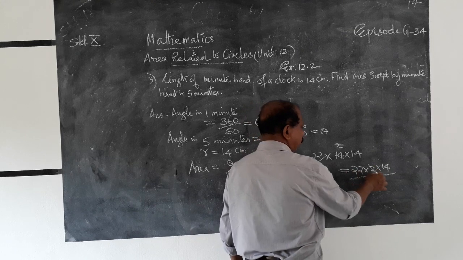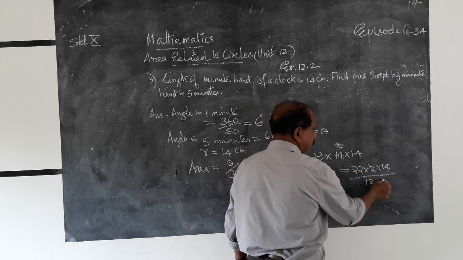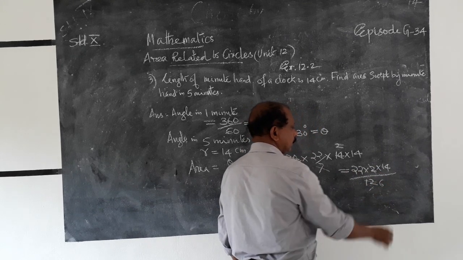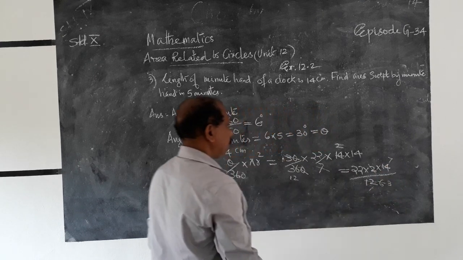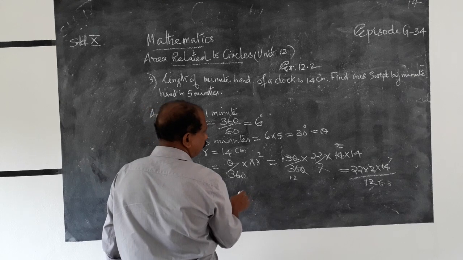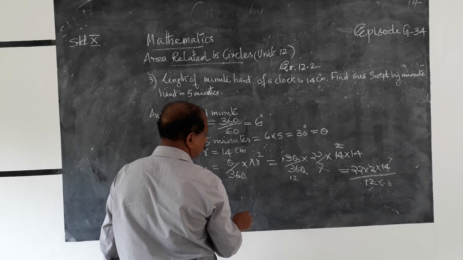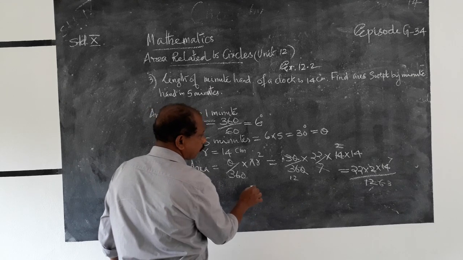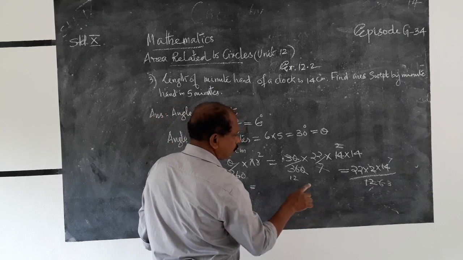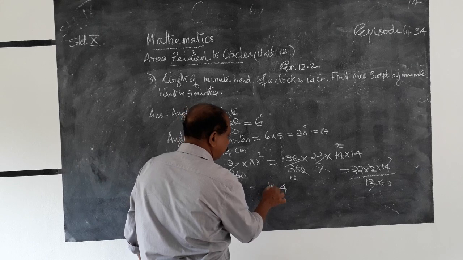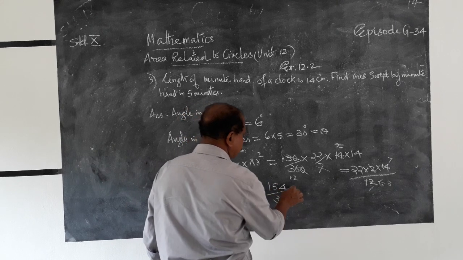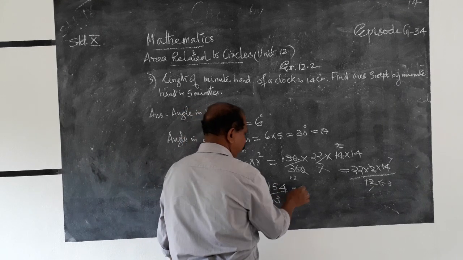Then 12 twos are 6, so 7 comma 3. That is equal to 22 into 7, 154 divided by 3 is equal to 51.33.